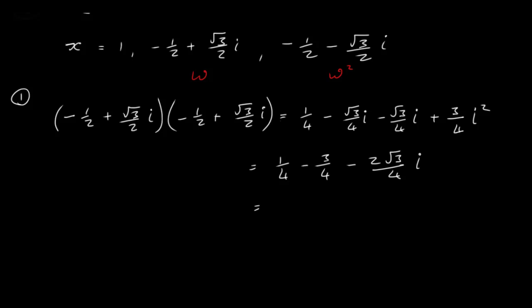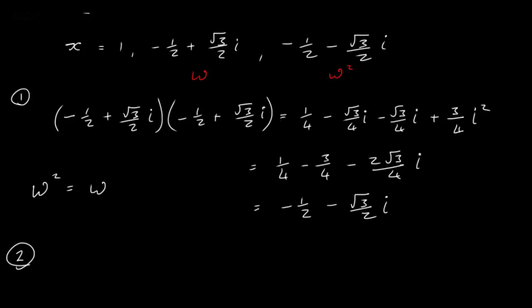So that'll give us here minus a half, and minus 2 into 4 is 2, so we end up with minus root 3 over 2i. So when we square this one here, we get this here. And you can also do it the other way around. If you square this, you will get this. I'll leave that for you to do, but it's fairly straightforward. If we take either of these complex roots and square them, we'll get the other complex number.